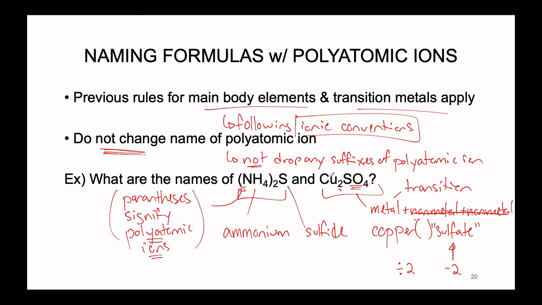And because the sum of our coppers needs to balance out this -2 charge, the sum should have a +2 charge. If we take 2 and divide it by 2, each of the individual coppers is going to have a +1 charge, and inside of the parentheses we're going to have a Roman numeral 1. So the total name for this compound that contains a polyatomic ion is going to be copper(I) sulfate. This only leaves one additional special case left.